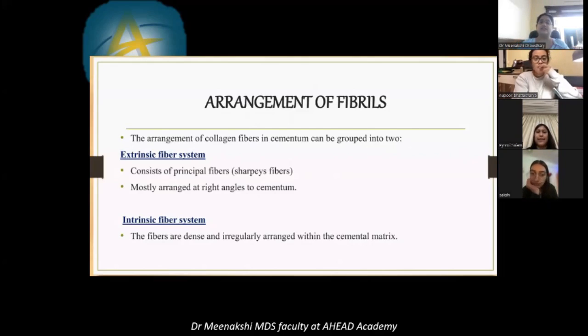Number two is the fibers arranged perpendicular to the cementum. The intrinsic fiber system is considered to be more dense fibrils, arranged irregularly within the cemental matrix, forming the major component of the organic matrix of the cementum.